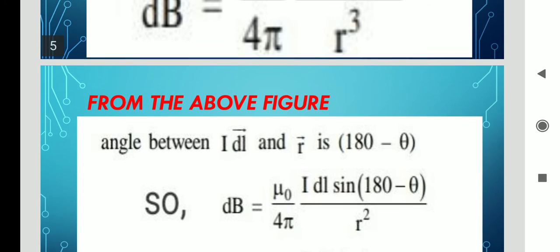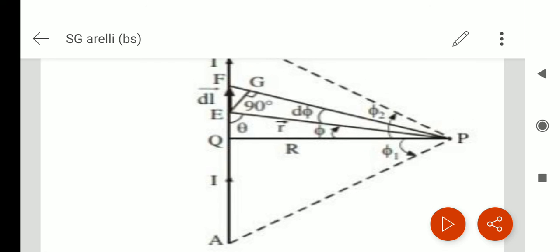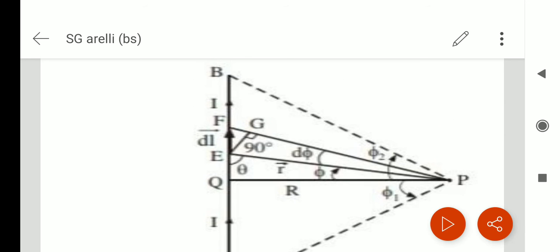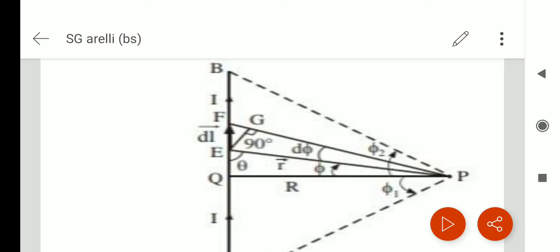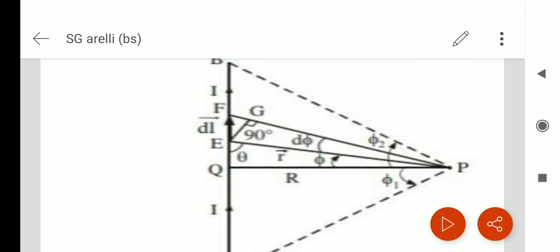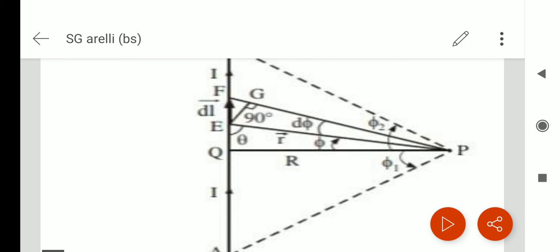From the above figure, the current carrying conductor has current I. We consider the smallest element, whose length is dl. So the current element is I dl.